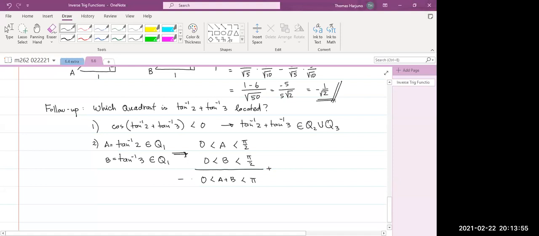In other words, A plus B must be in quadrant 1 or quadrant 2. Now, together, step 1 and step 2, what can you say about this angle? Which quadrant should this be? From the first point of view, it is between quadrant 2 and 3. From another point of view, it must be quadrant 1 or 2. So this must be in quadrant 2.